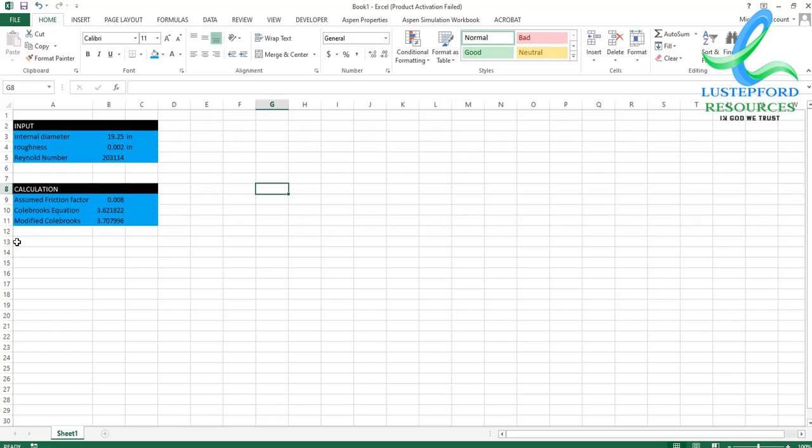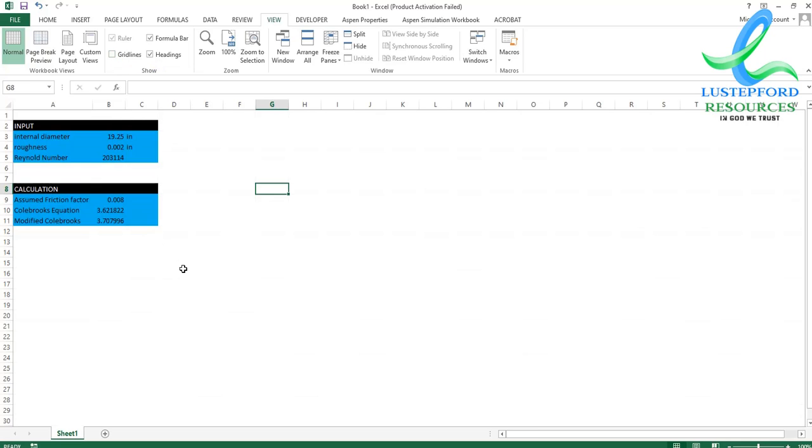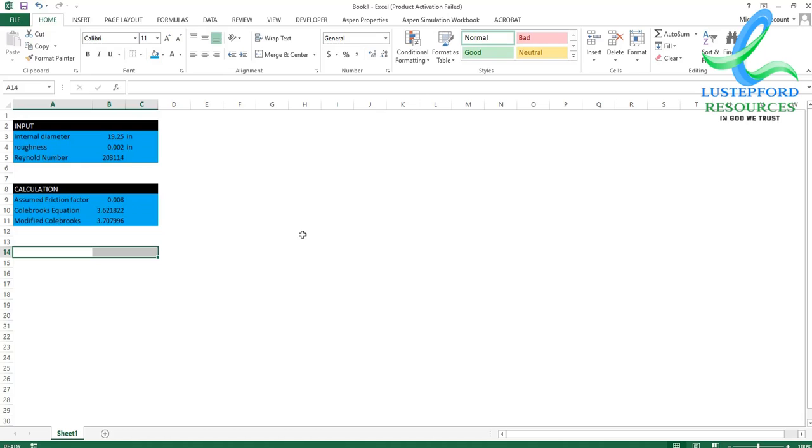Now, let's say view. Let me remove the grid. Let me select here as our result. Let me just select this place and use it to format these three cells.